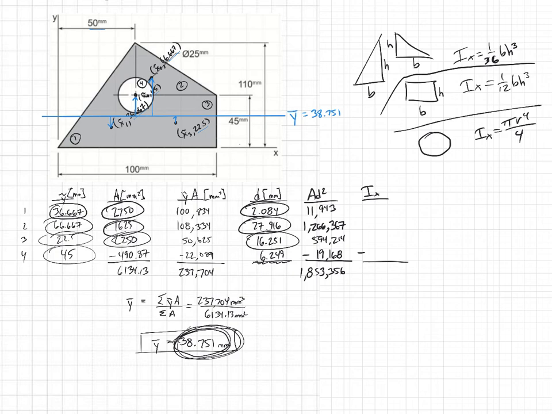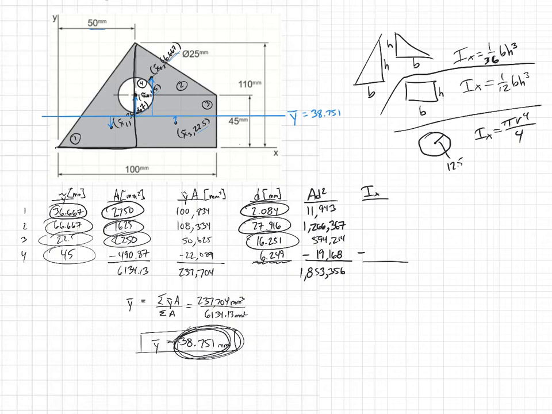So if we plug these things into the calculator, the only remotely tricky thing is that the radius here is 12.5. I think I made a mistake on that in my first attempt, I forgot to divide by 2. We all do that. So if we plug in the numbers, for this one it's 50 times 110 cubed divided by 36.